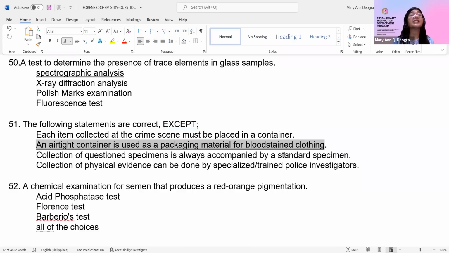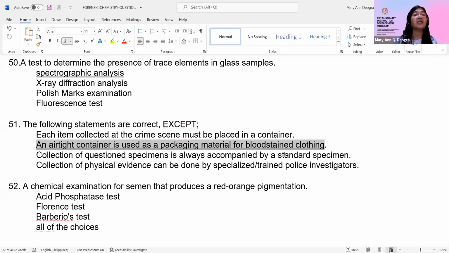Kasi ang question is, the following statements are correct except. Tapos letter D, collection of physical evidence can be done by a specialized or a trained police investigator. Sino to mga to? Mga SOCO. Sino ba nagko-collect ng evidence? SOCO. Kaya your letter D statement is very, very correct.